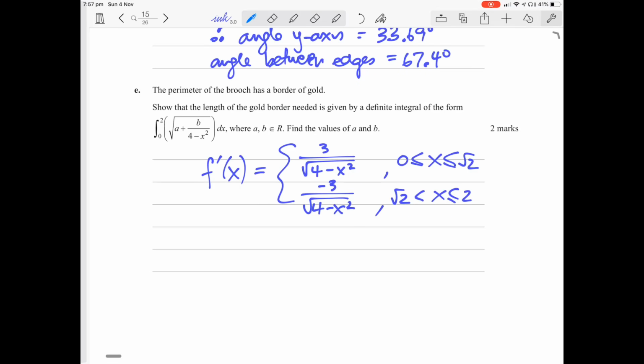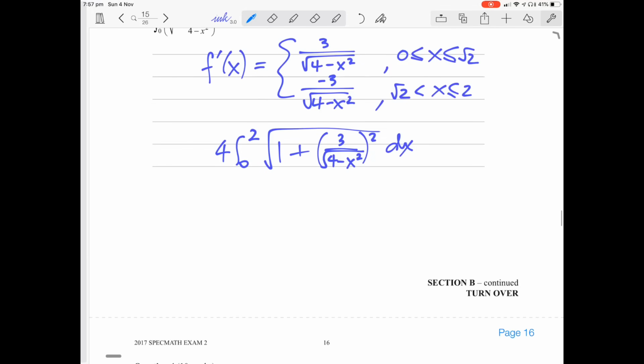So we can say f of x is just 4 times from 0 to 2, the integral of 1 plus negative, positive 3, negative 3, it doesn't make any difference because we're going to square it. 4 minus x squared, square rooted, squared, dx, because that's our arc length formula, that's dy dx. Doesn't make any difference.